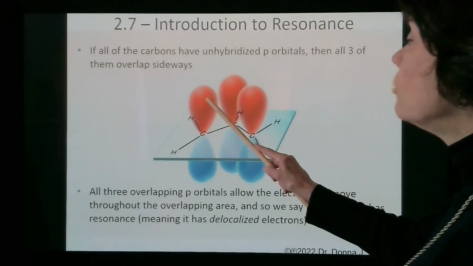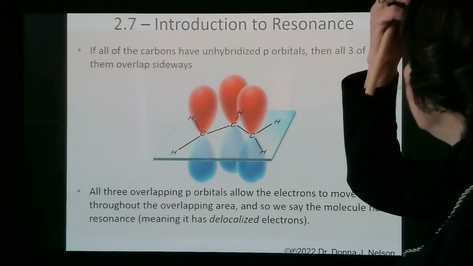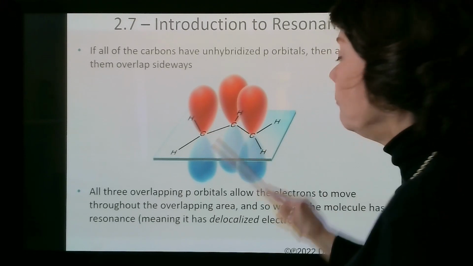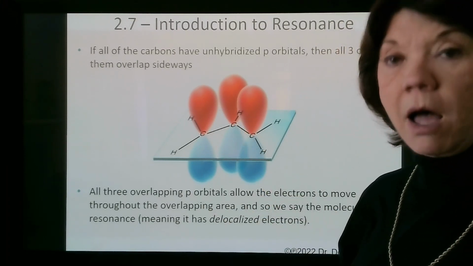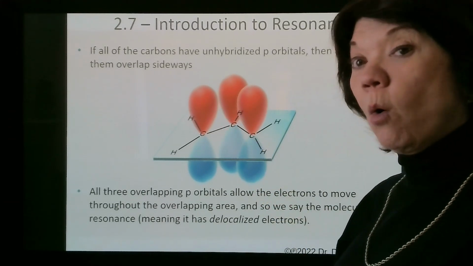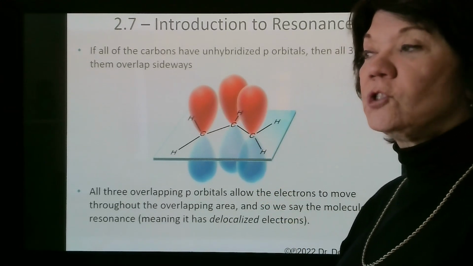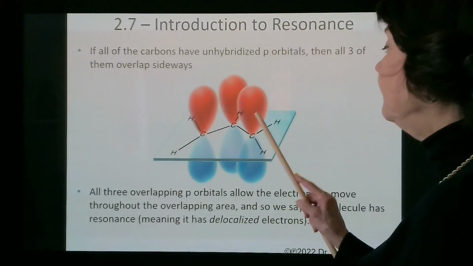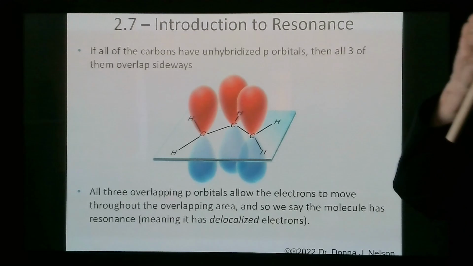So when you have electron density that is shared across more than just 2 atoms, remember there are 2 atoms in a bond, when you have electron density shared across more than 2 atoms, that is said to be delocalized.